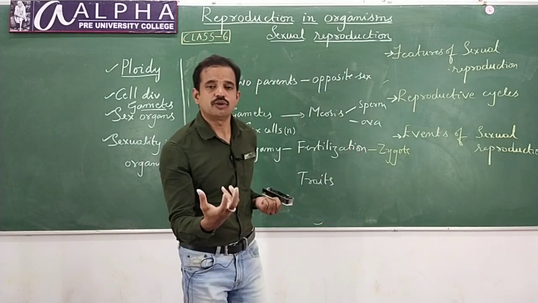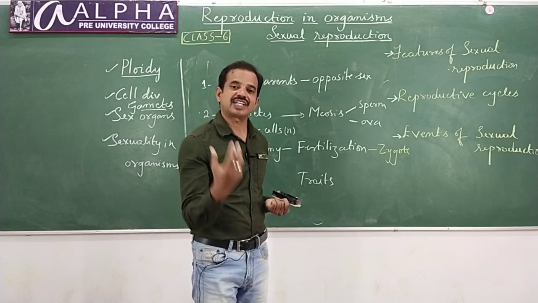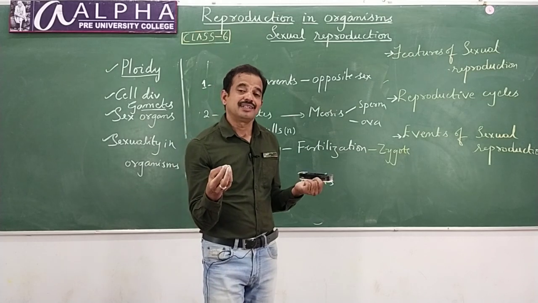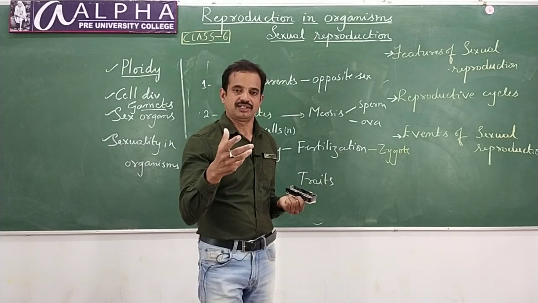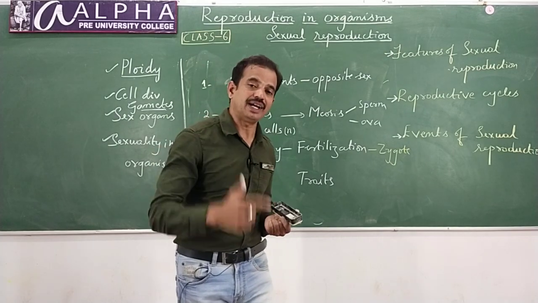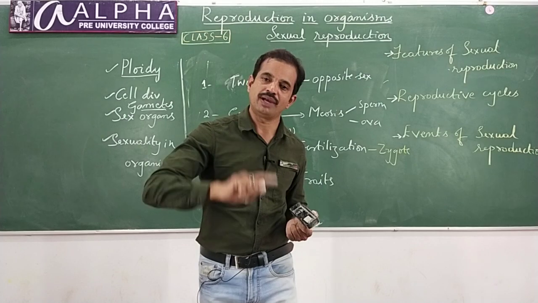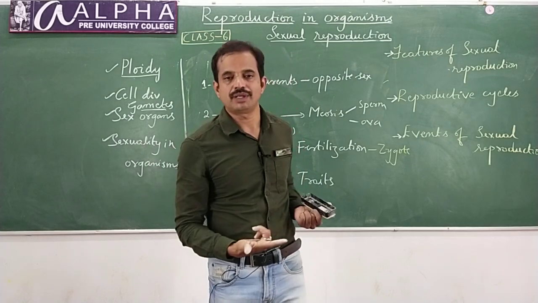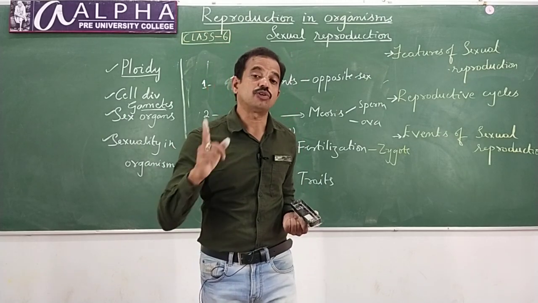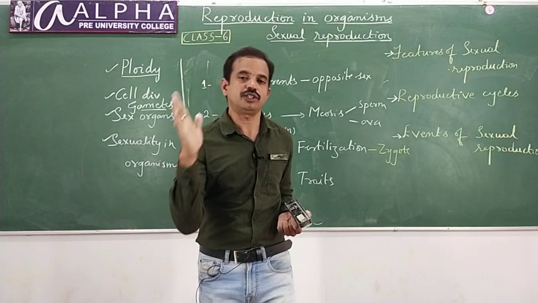And now this zygote is a combination of the characters, a combination of the traits from the different backgrounds, and that results in variation. The offspring, the individual formed by the development of the zygote, is neither similar to the male parent nor to the female parent. And it is also not similar to the other offsprings born to the same parents.